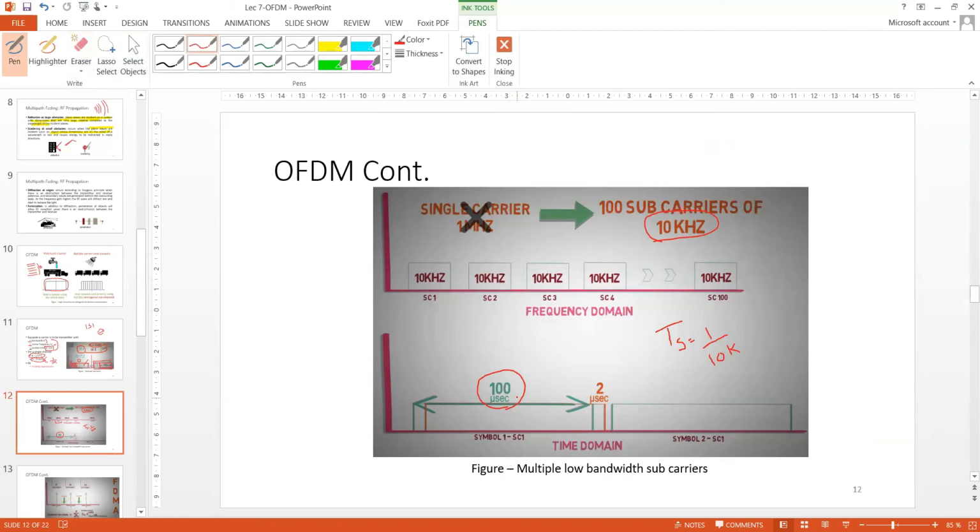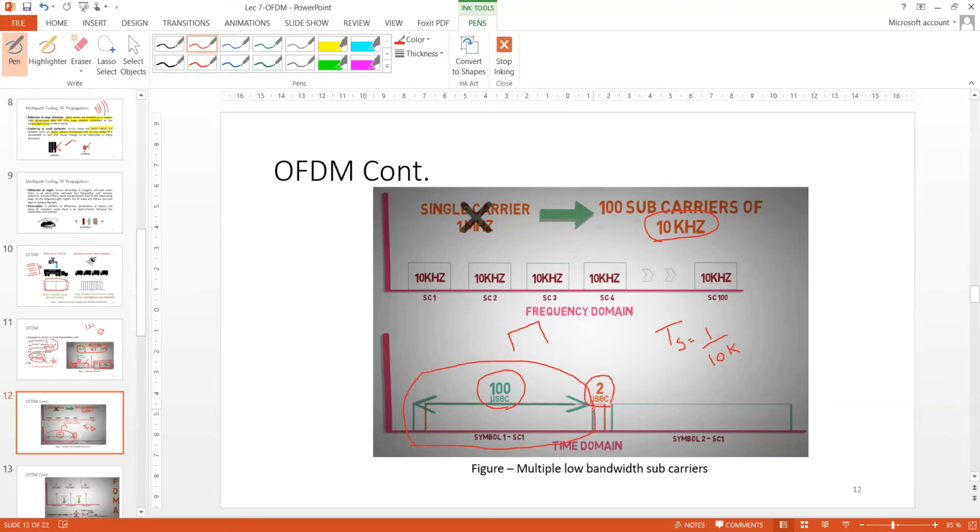Obviously the delay spread in this case will remain the same, because you will be introducing some delay in between the adjacent symbols in order to overcome inter-symbol interference. So the delay in between two adjacent symbols is the same, that is 2 microseconds. However, now most of the spectrum is actually utilized in transmitting information.